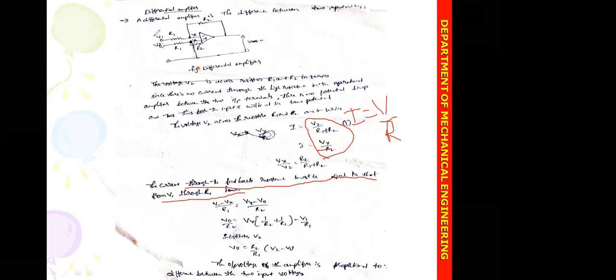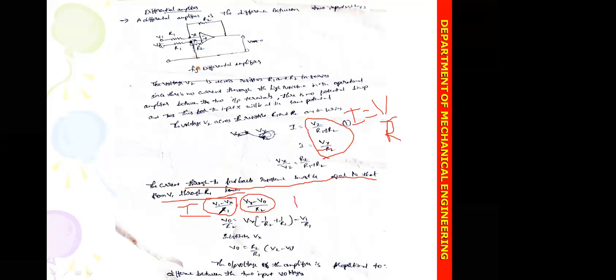Considering the potential difference, V1 minus Vx by R1 is the total current I, and the current passing through R2 is also the same, I.